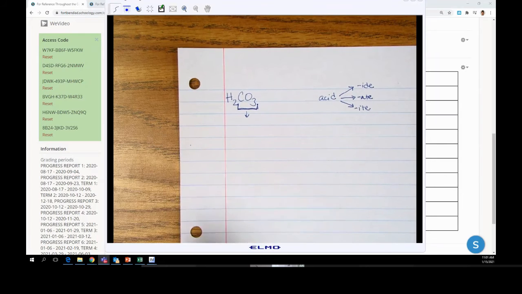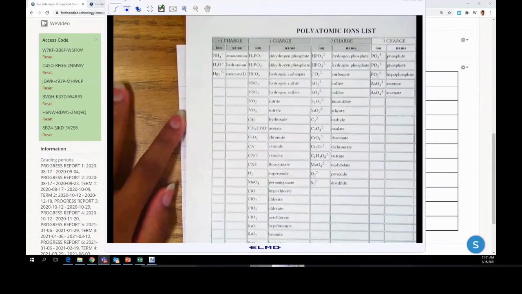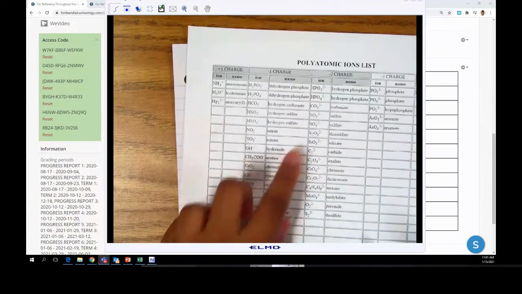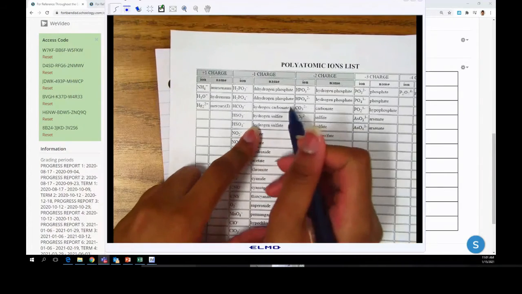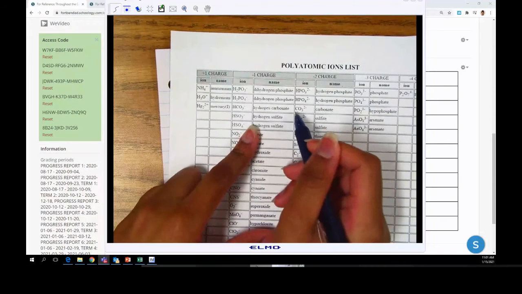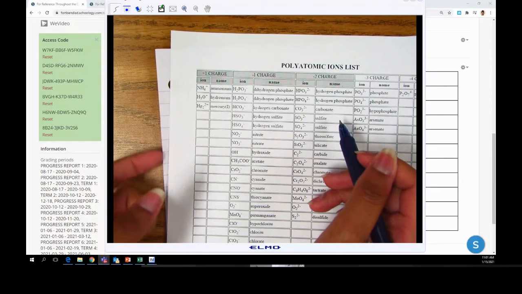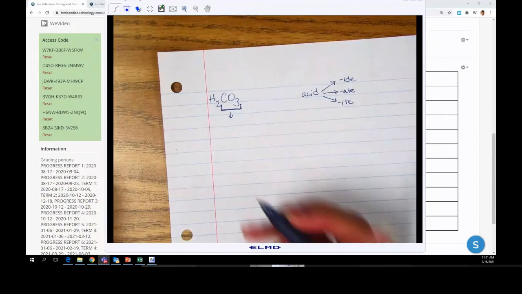All right, I'm going to pull this up on my polyatomic ion chart. And I can see it up here towards the top. Carbonate in this middle column here is CO3, 2 minus. So that's carbonate.